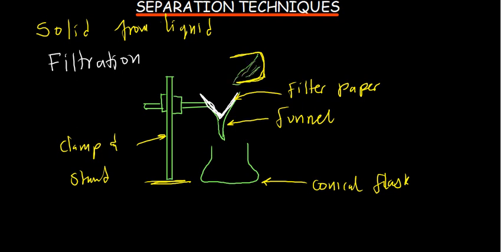Because you're using a filter paper, the water is going to be dropping, right? The water is going to come here. And then the sand is going to remain on the filter paper, okay? Because the sand cannot pass through. So basically you use this method to separate what we call an immiscible liquid.